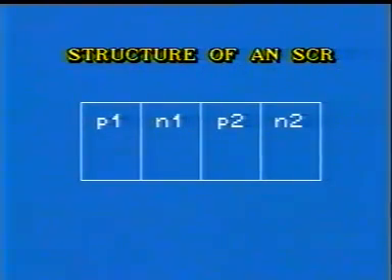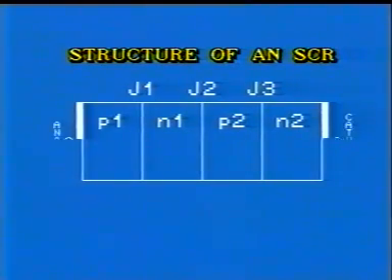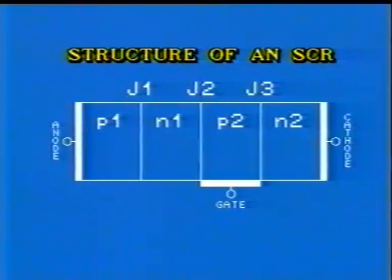Layers P1 and P2 are of P-type silicon, and layers N1 and N2 are of N-type silicon. These four layers form three junctions between them: J1, J2, and J3. These layers are connected with the three terminals: anode, gate, and cathode.